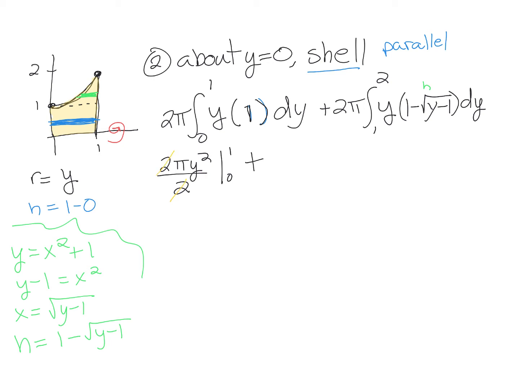I'm just going to get pi. So that part was easy, so we got that done. Now this part right here, like I said, take that y and multiply the 1 and do that integral. Because the second part is going to be a difficult substitution integral.